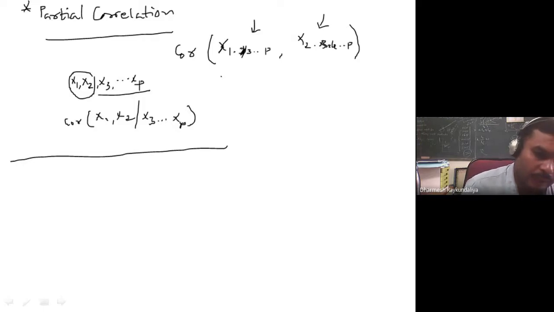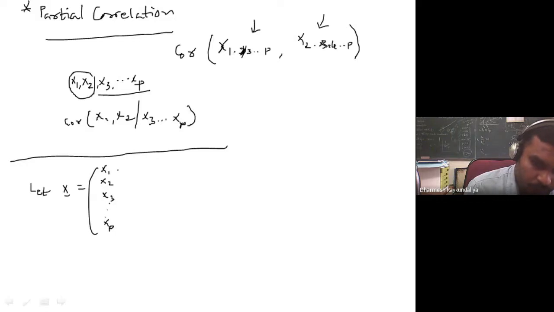So let you have given x, that is x1, x2, x3 up to xp. Now what you do, you can partition into two parts. You call them as a part with the 1 1 element and a part with p minus 2 elements.